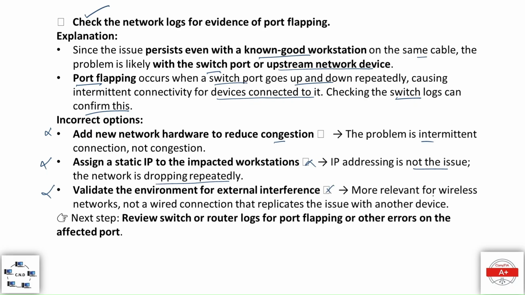This option is more relevant for wireless networks, not a wired connection that replicates the issue with another device. So the next step is to review switch or router logs for port flipping or other errors on the affected port.